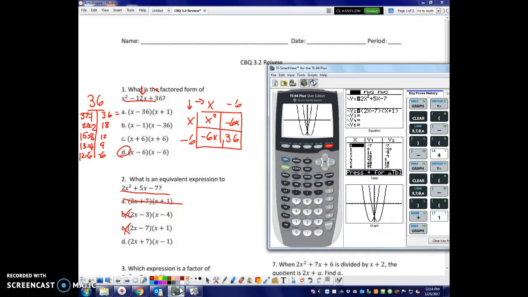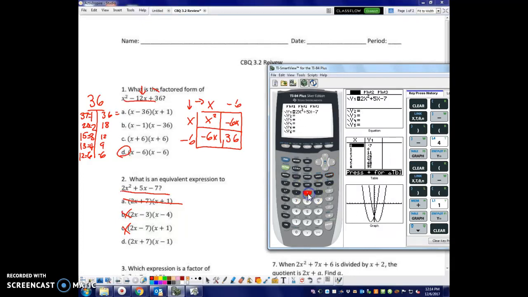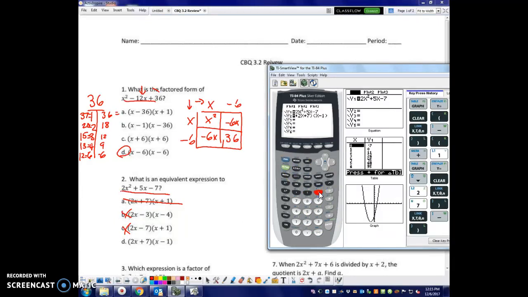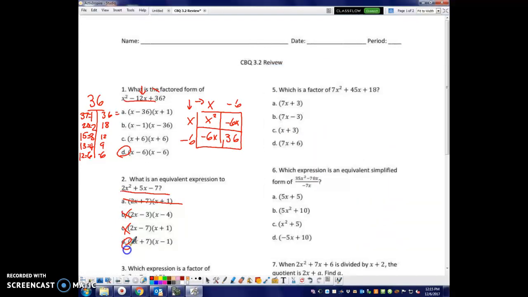Last one. 2x plus 7, x minus 1. Graph it. Do they match? They're in the exact same spot. The table is exactly the same, so yes, your answer is D.